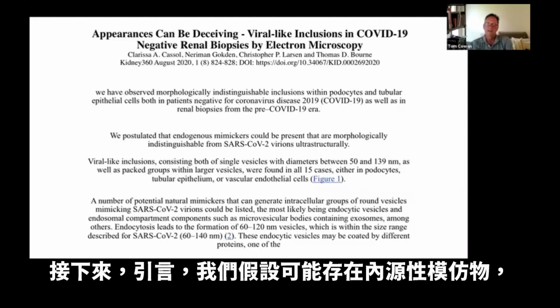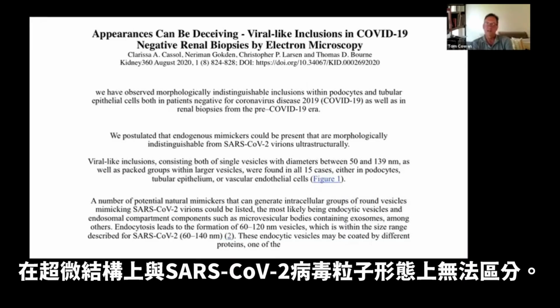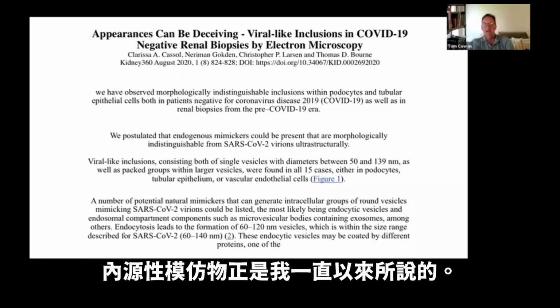Next thing, quote: "We postulated that endogenous mimickers could be present that are morphologically indistinguishable from SARS-CoV-2 virions ultrastructurally." Endogenous mimickers is exactly what I've been talking about all along.